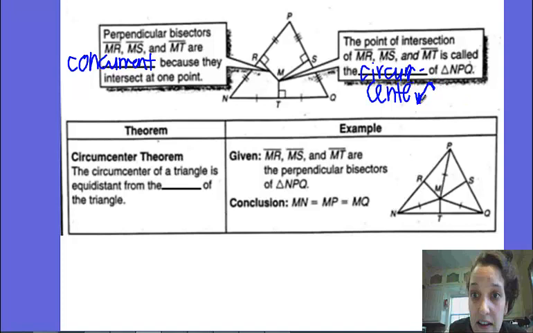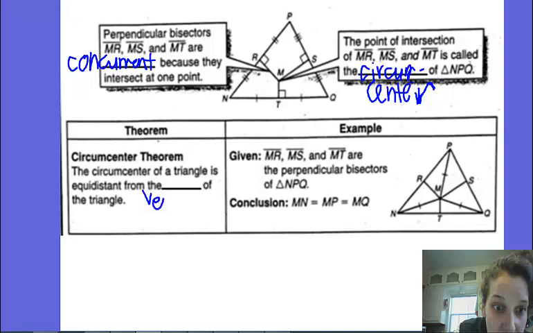The cool thing about the circumcenter is it's equidistant from the vertices of the triangle. It's equidistant from each vertex. So if you look at this picture, if RM, SM, and TM are all perpendicular bisectors, we call this point M our circumcenter.